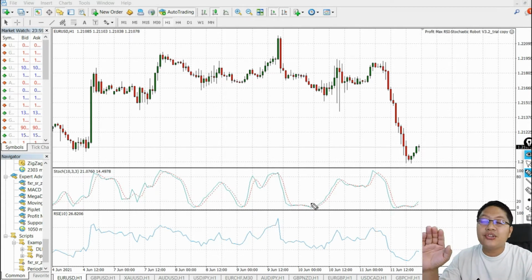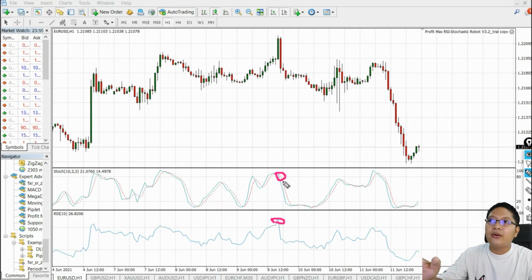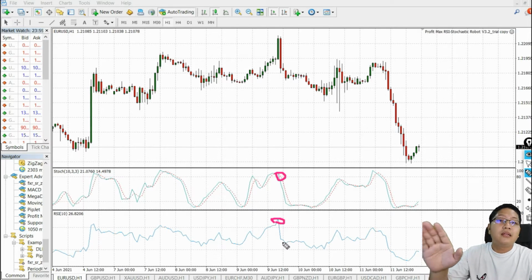But you won't enter directly at this portion right here. You can see this one, guys. Your stochastic is already at overbought, and your RSI is also at overbought. You can see that these two indicators are already at overbought.